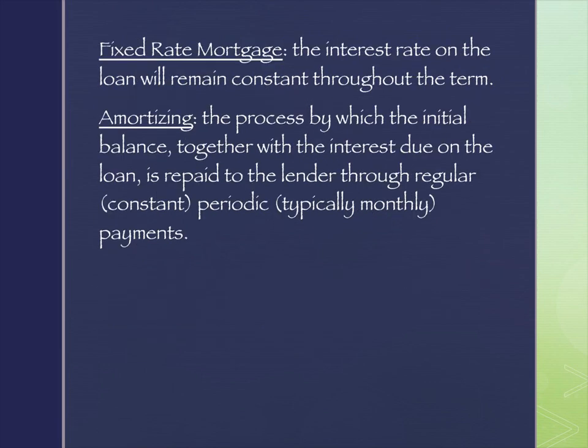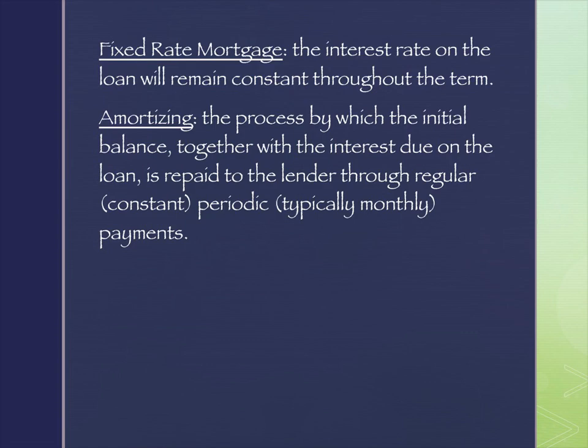Here's where some different things come into play. A fixed rate mortgage is very much like the kind of loans that you get on other items, like the car, like the student loan, like the refrigerator or the dishwasher. It's a fixed rate. What it is that the interest rate on the loan will remain constant throughout the term.